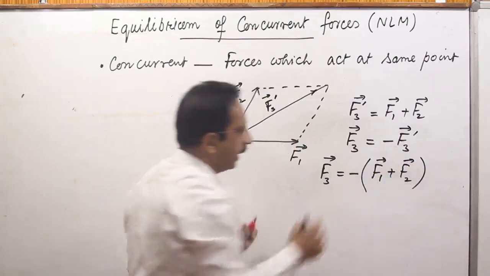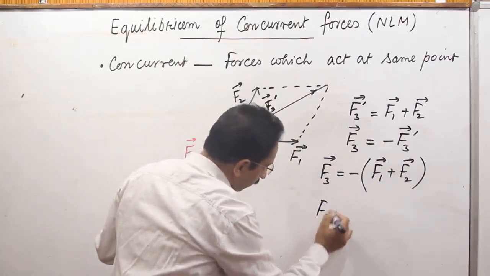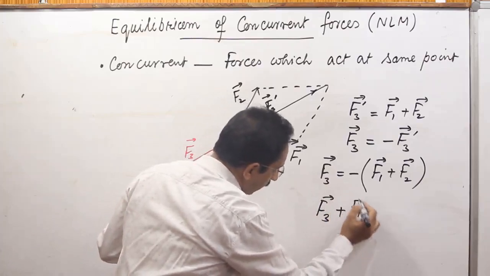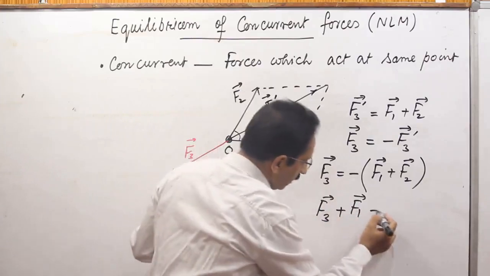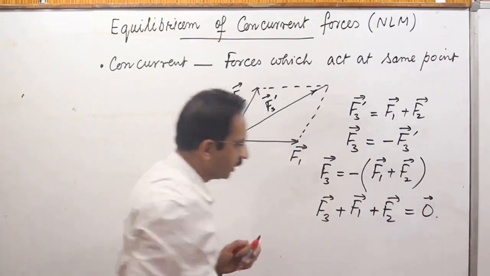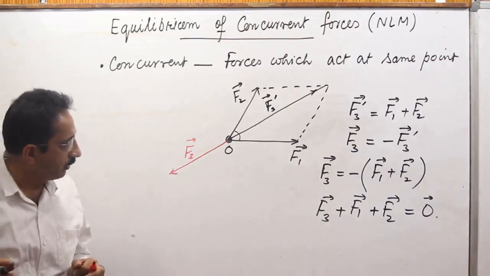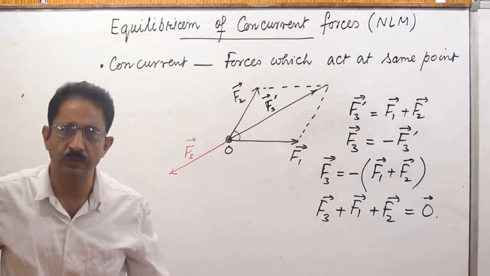That makes it that F3 vector plus F1 vector, now transposing them to the left hand side of the equation, plus F2 must be equal to 0. So this condition explains the equilibrium of three forces.